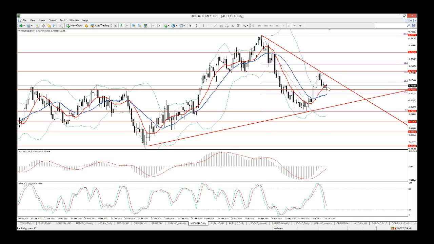downtrend line, which gives some triangle expectations on the price chart. It means that the trading is getting narrower. Indecision is becoming the most prevailing sentiment in the market.